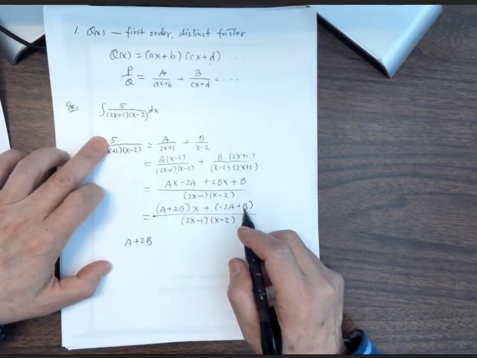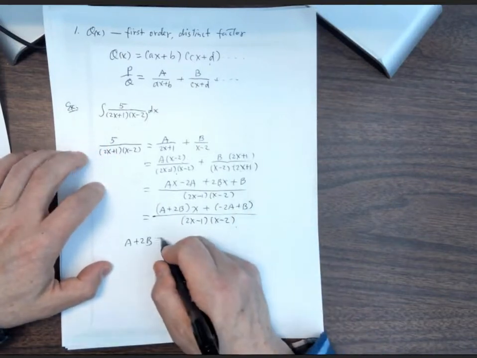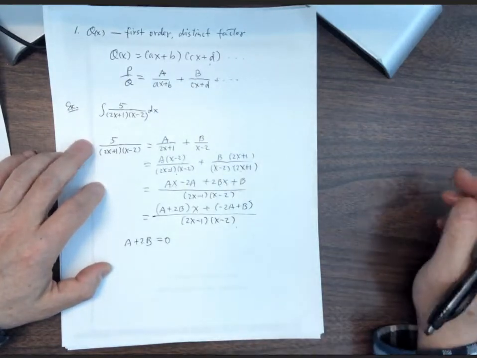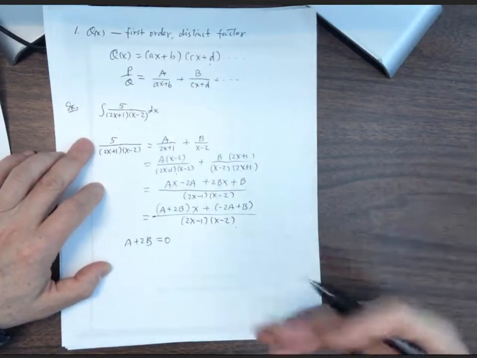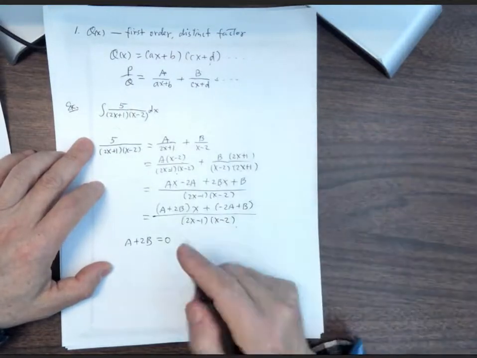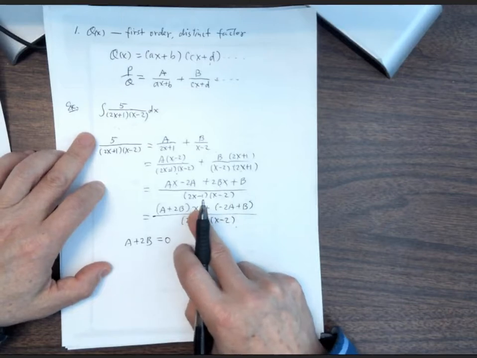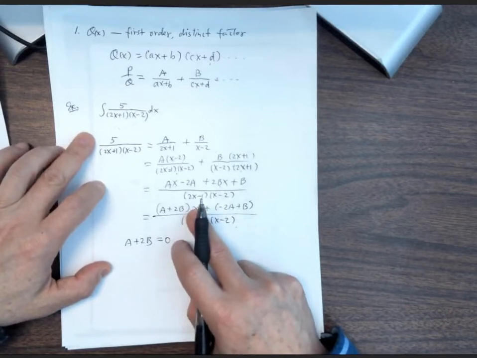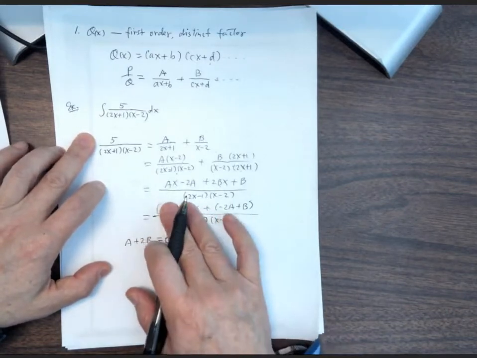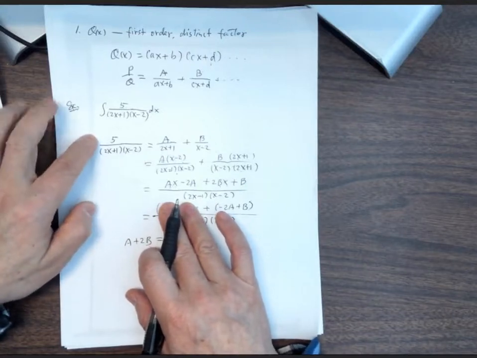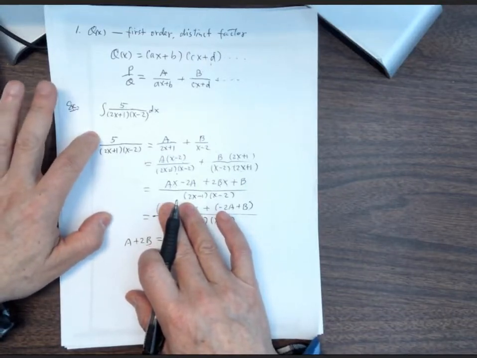In this example, there's no x. It means A plus 2B must equal 0. So if you pick A and B such that A plus 2B is 0, the first order terms match, like there's no first order term because we start out with a fraction with no x on the top.